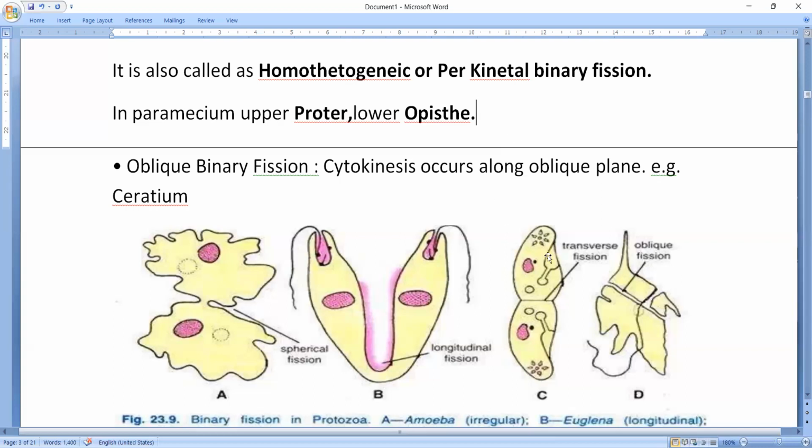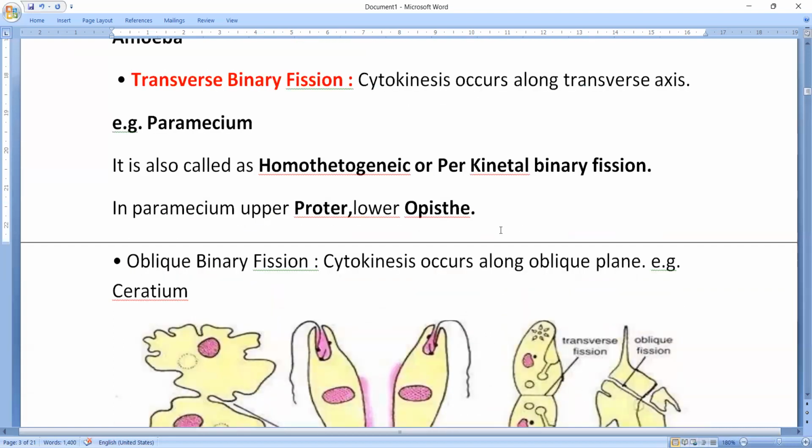Perkinetal means kinety is arranged below the pellicle, longitudinally. So to the kinety, the division occurs perpendicular. That's why the transverse binary fission example is paramecium. It is also known as homothetogenic binary fission or perkinetal binary fission.